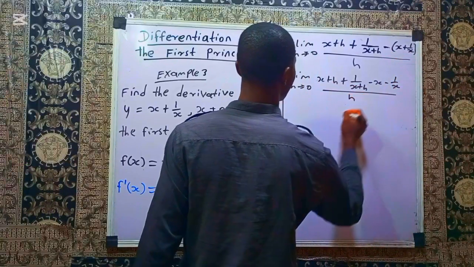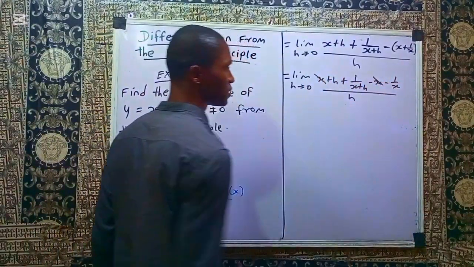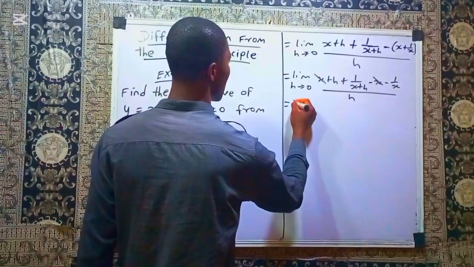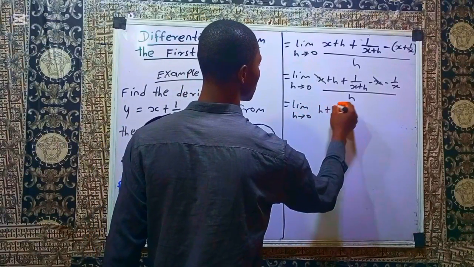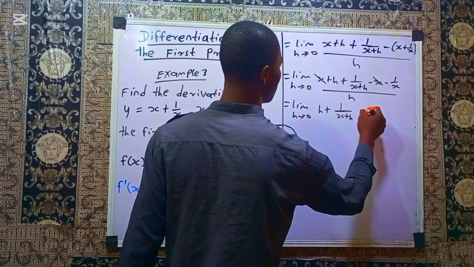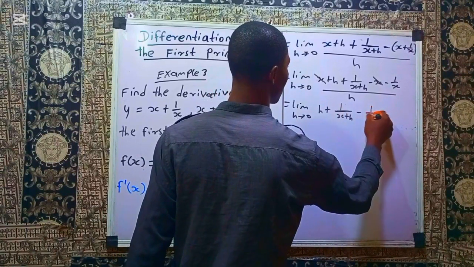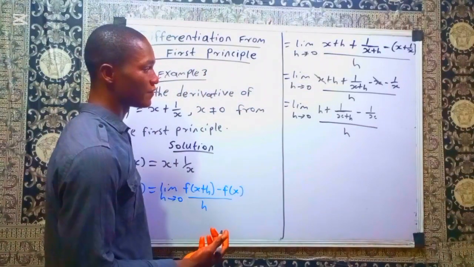All divided by h. If something can cancel here, x can cancel minus x. So what is now remaining is the limit as h goes to 0 of h plus 1 over x plus h minus 1 over x, all divided by h. This is what I have left.